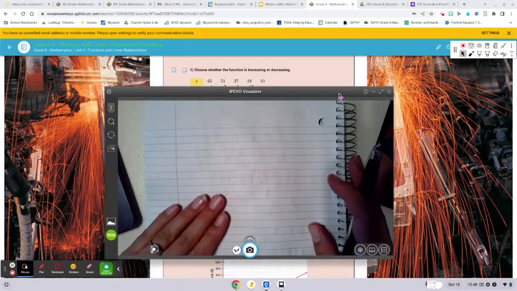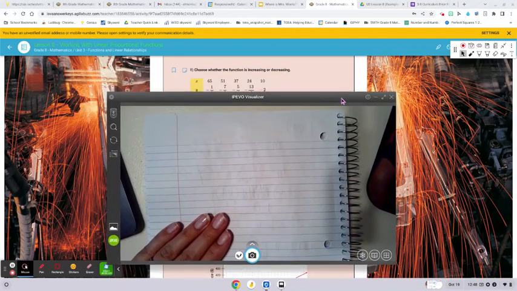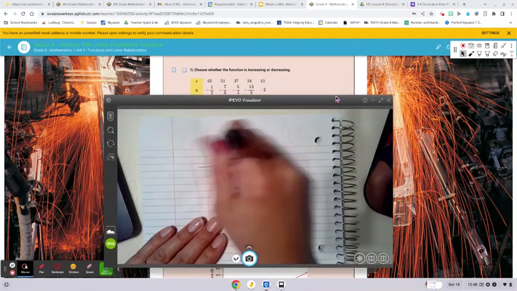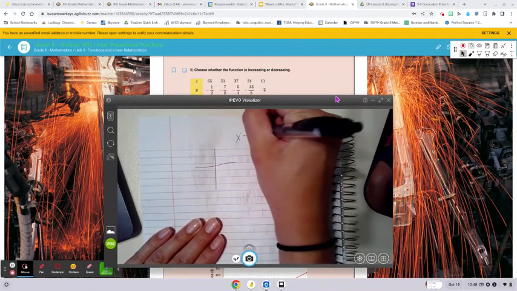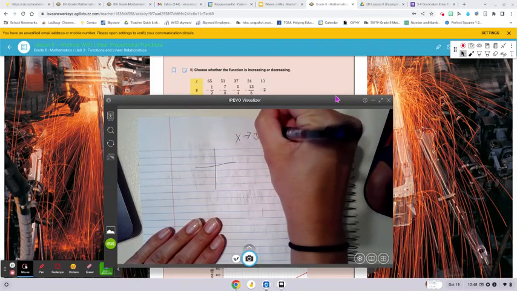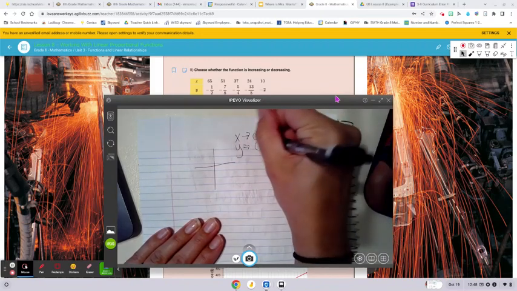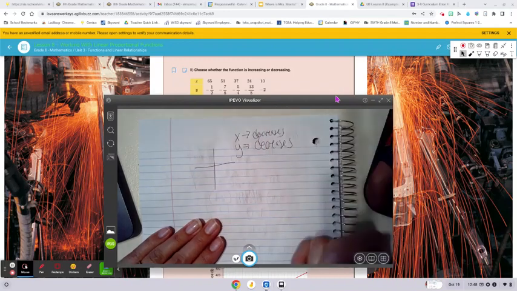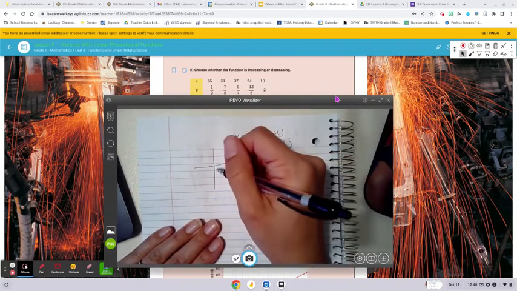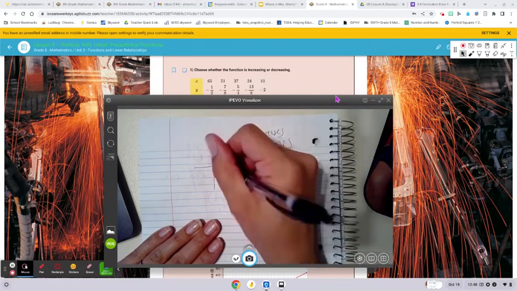So if I were to plot this really quickly for you, you'd be able to see. So as X decreases, Y decreases.